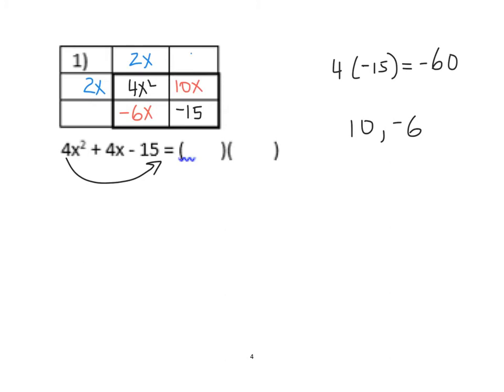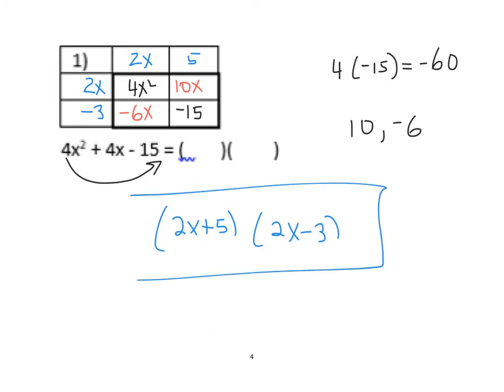So then this has to be 5, and what must be here so that I can get negative 15? So it has to be negative 3, and negative 3 here is common. So now when I check this, the answer becomes 2x plus 5 and 2x minus 3, and those are the factors.